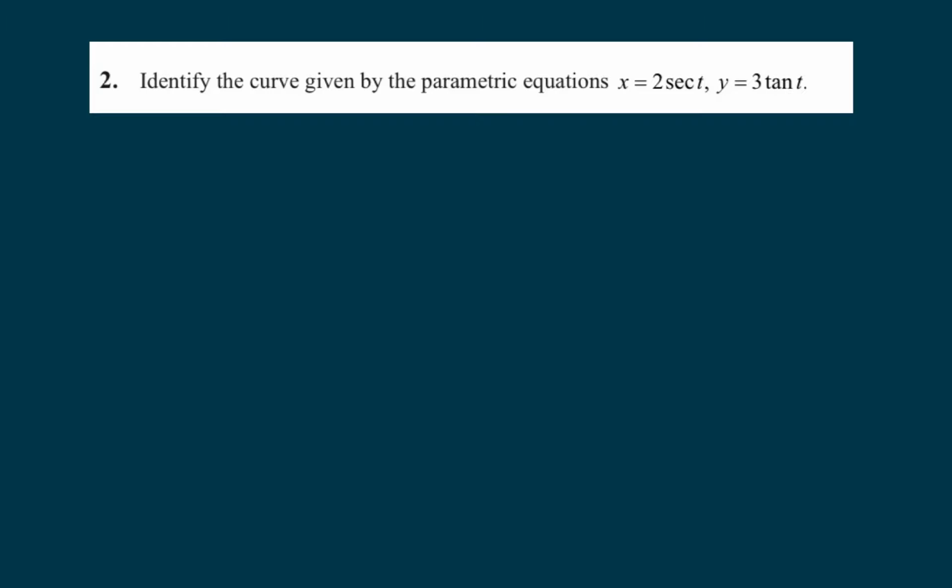Under what curve is the object moving? So x is 2 times secant of the parameter t, and y is 3 times tangent of the parameter t. The input is t, and x and y are the outputs. What is the function y of x?